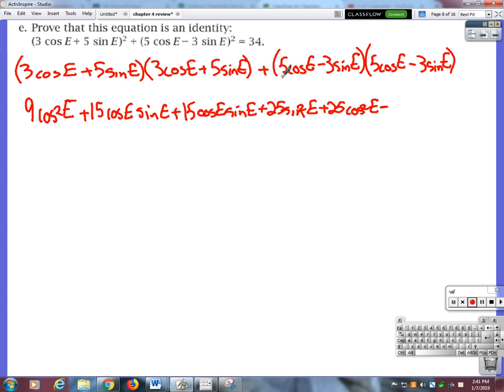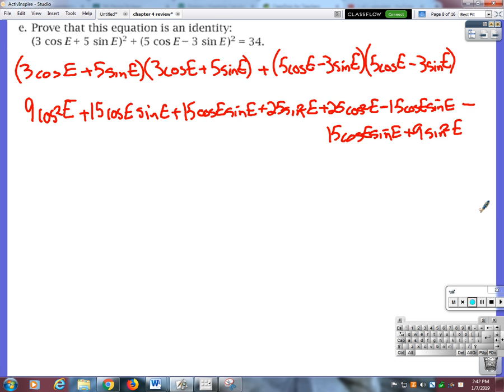Negative 15 cosine E sine E. I know I can't even fit it on my board. When I do the inside ones together, what do I also get? Same thing, negative 15 cosine E sine E. And then when I do last times last, positive 9 sine squared E.